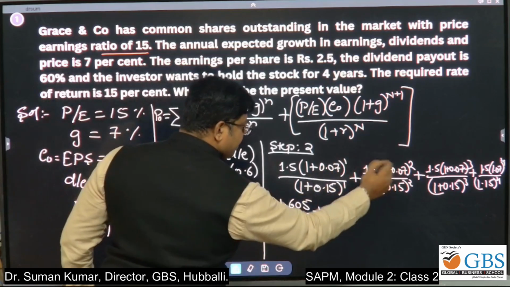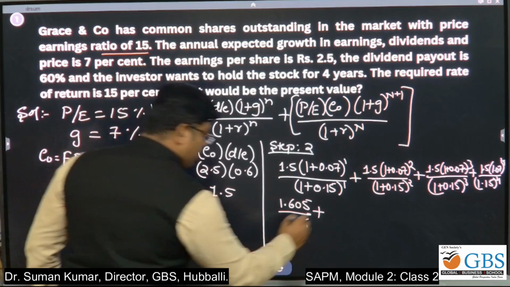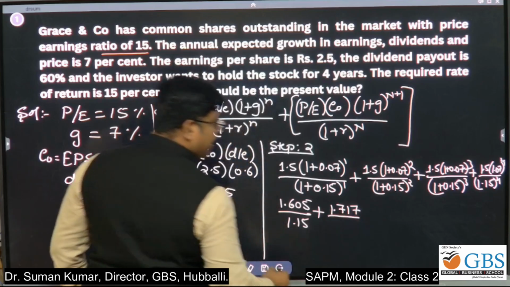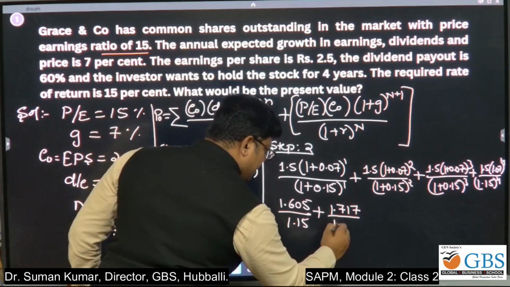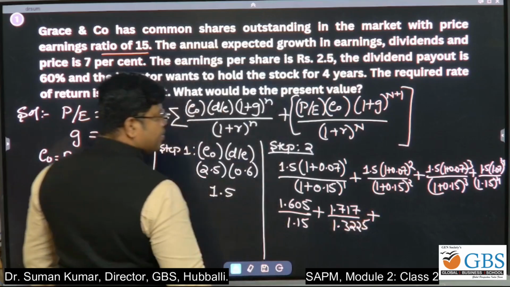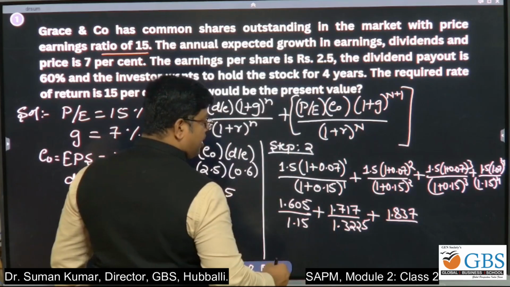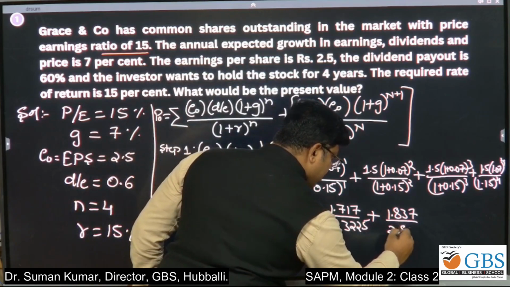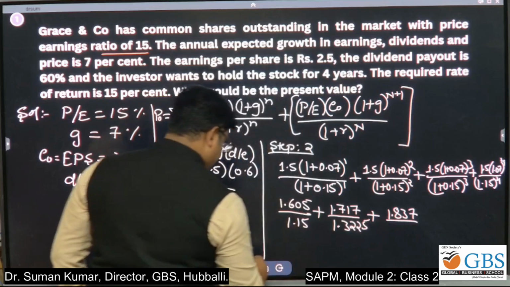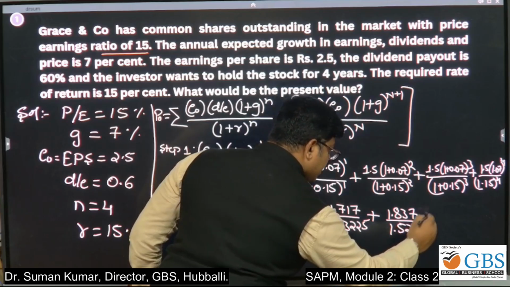This part, 1.717 divided by 1.3225. Okay, 1.837 divided by 1.5208.